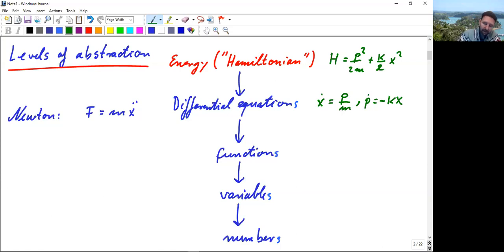What is that procedure? What is that central tool that we need there? What we need is the Poisson bracket.